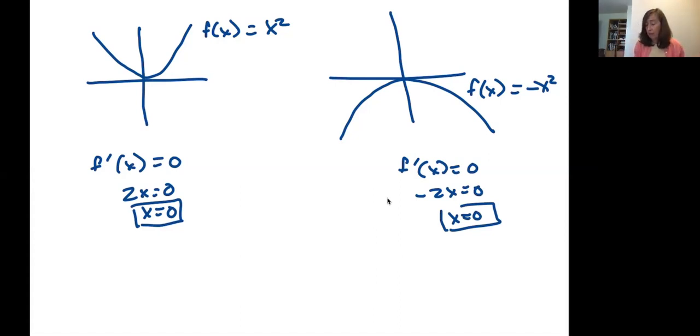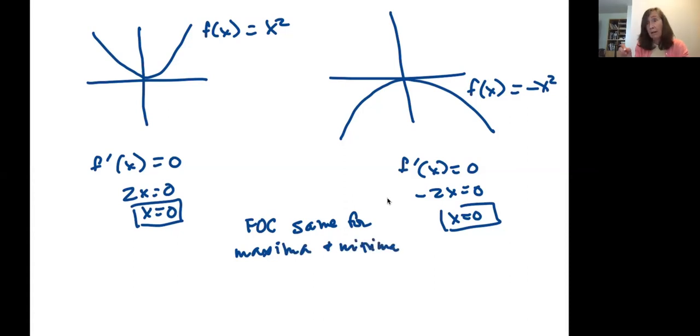The problem is that the critical points could be maxima or they could be minima. The first order conditions are the same for maxima and minima.